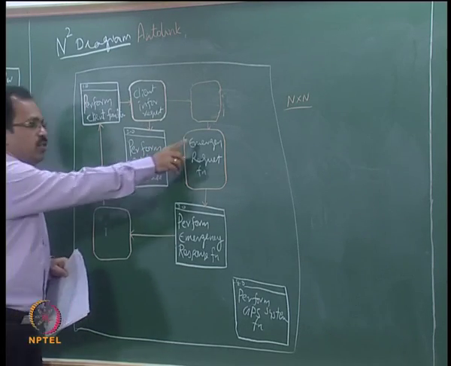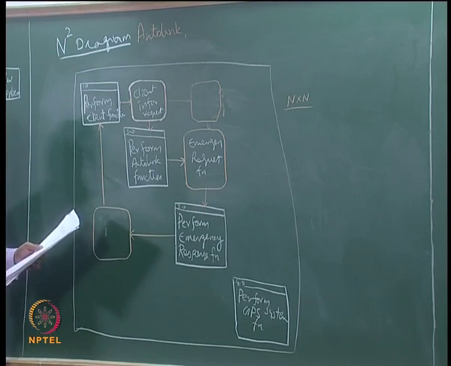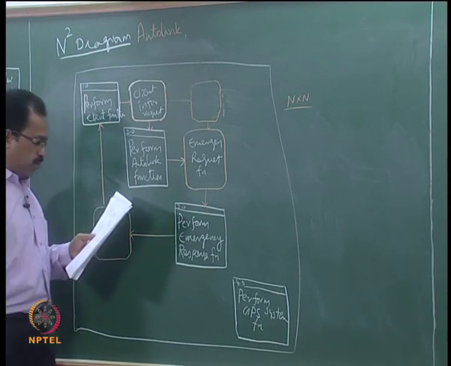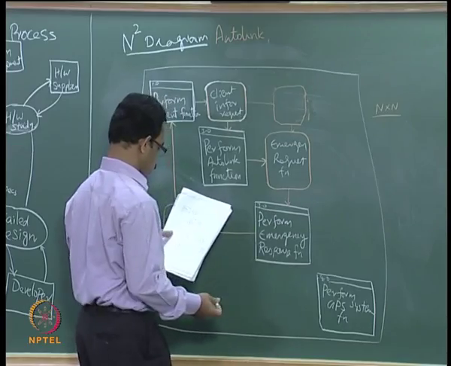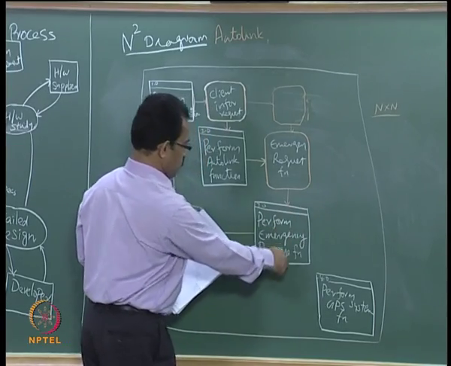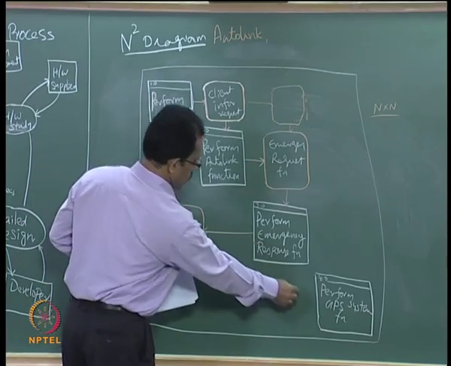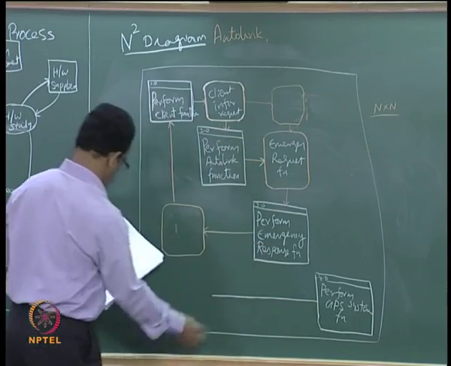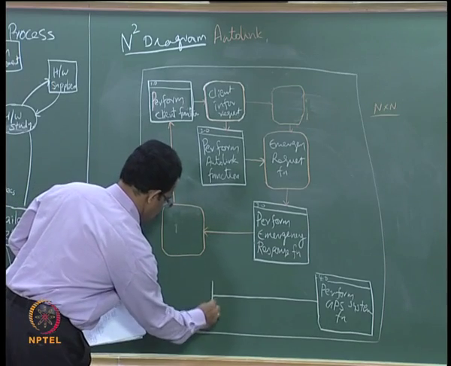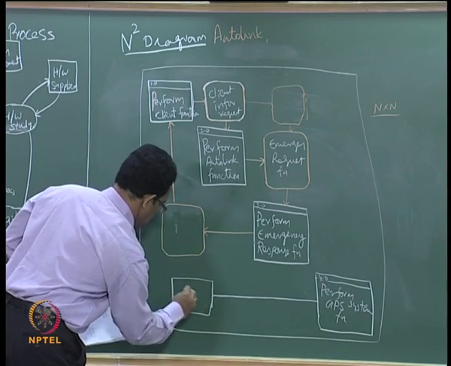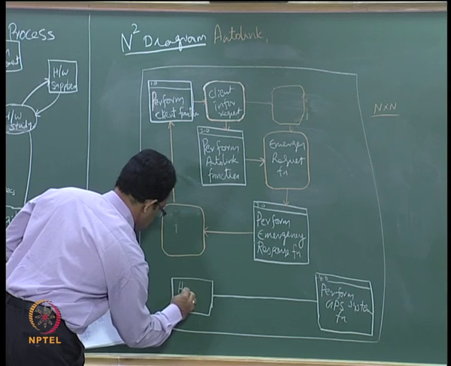So that emergency request will be passed to the emergency response function, and then perform the emergency response. Similarly, from the GPS you will be getting the data, GPS signals will be coming here. So the GPS health status as well as the information. So the health status will be provided.